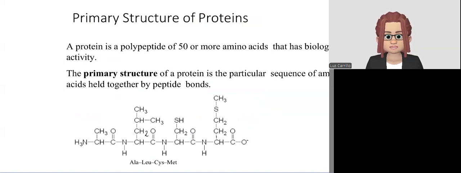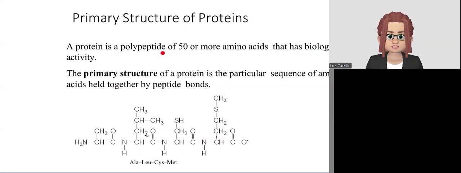If you are given a particular sequence for an amino acid, it is important that you're able to define what are the amino acids that are present there. As you can see, a protein is going to be a molecule that has many peptide bonds.